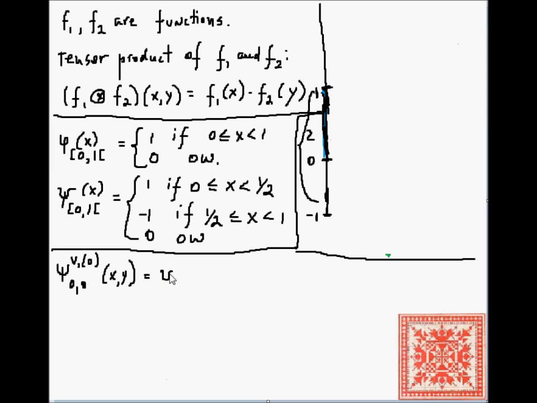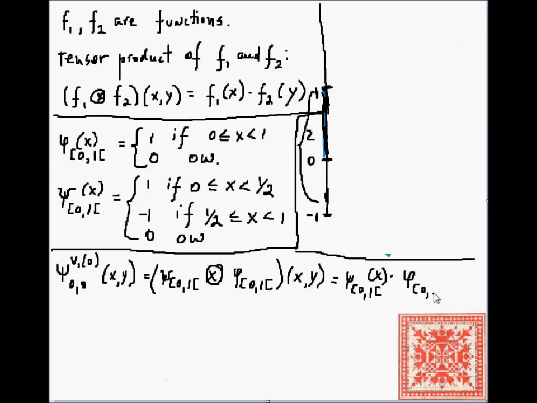The big psi is defined in terms of small psi on the interval from 0 to 1, 0 inclusive, 1 exclusive, tensor times phi on the interval from 0 to 1. So this is the vertical change.